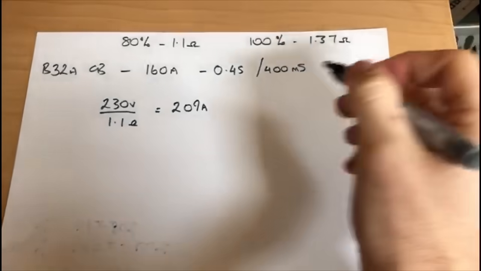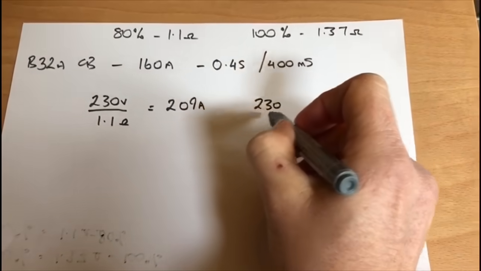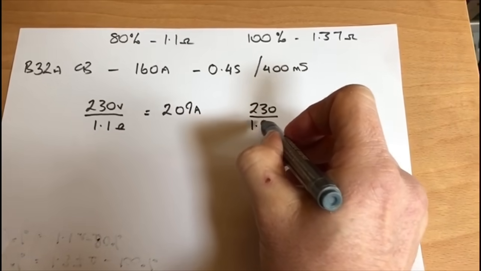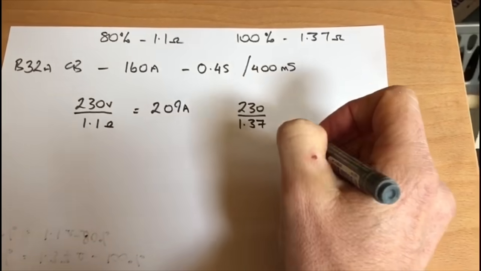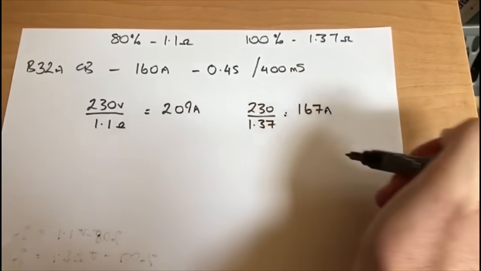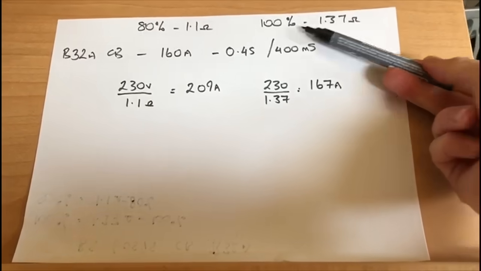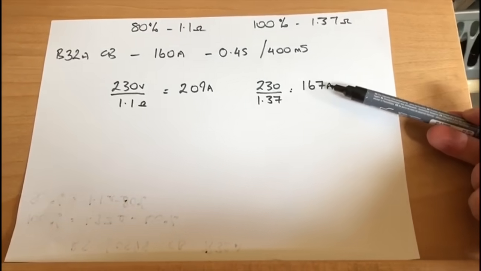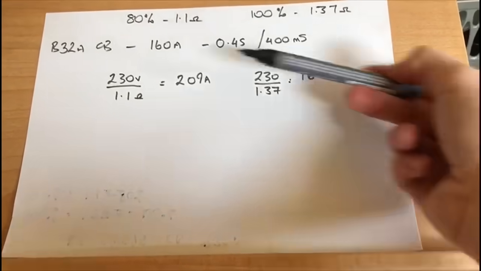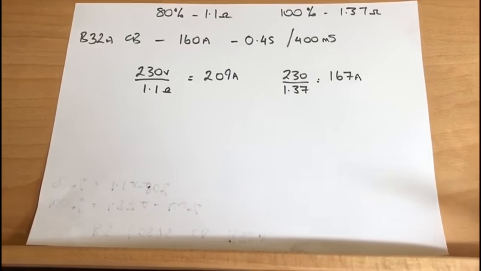And if we were to work on 230 and divide that by 1.37 ohms, that gives us 167 amps of fault current. So you can argue that you can still go up to this 100% value and you'd still have enough current to create an instantaneous disconnection because it's above the 160 amps.